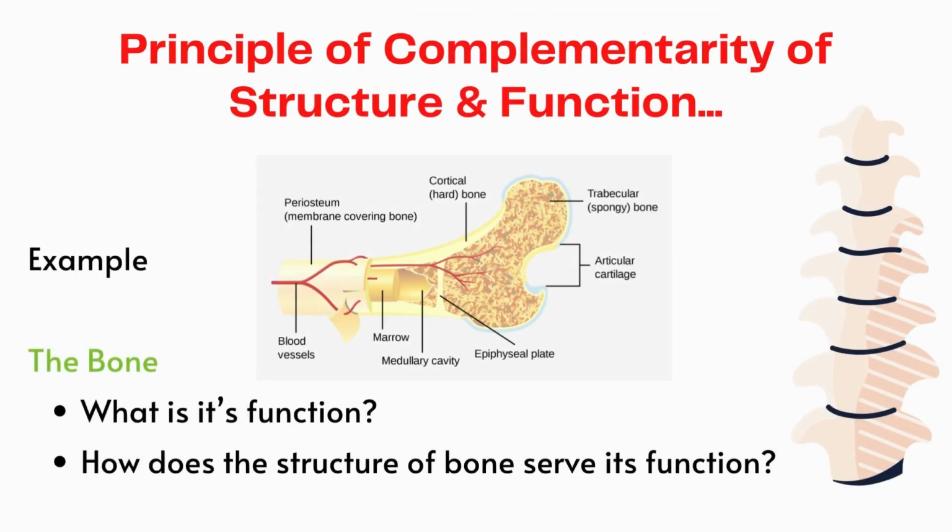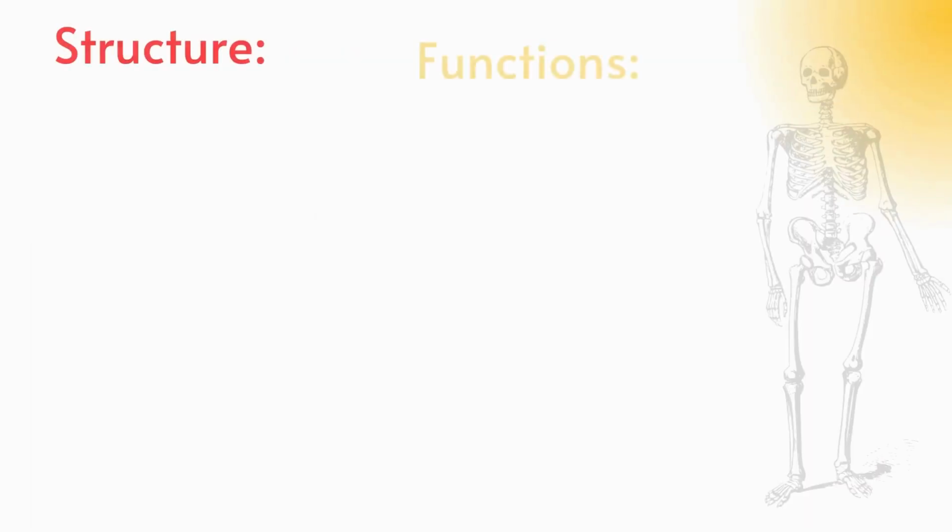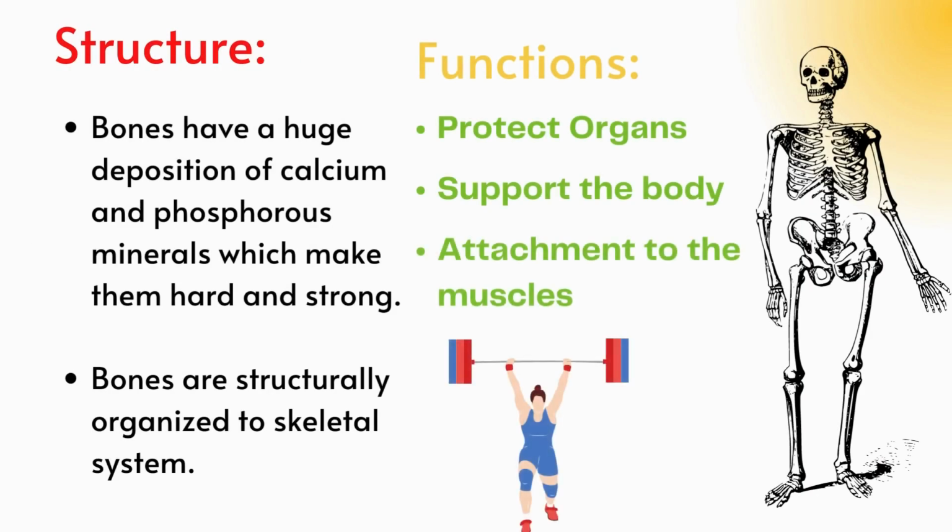Now let's give an example of this. A good example is the bone. We have two major questions here. What is the function of the bone, and what is the structure of the bone that facilitates the function? If you look at the bone matrix, you will understand that bone is deposited with mineral deposits of calcium and phosphorus. These minerals make it hard and strong.